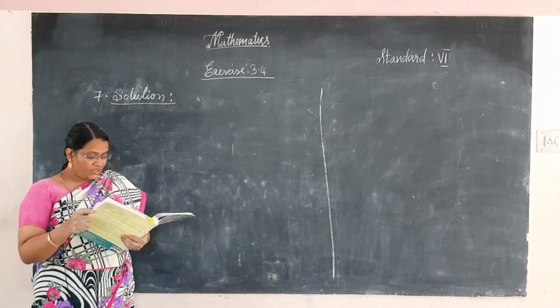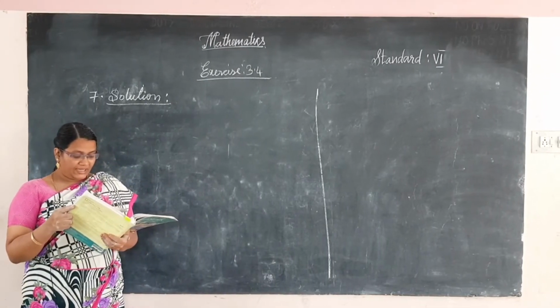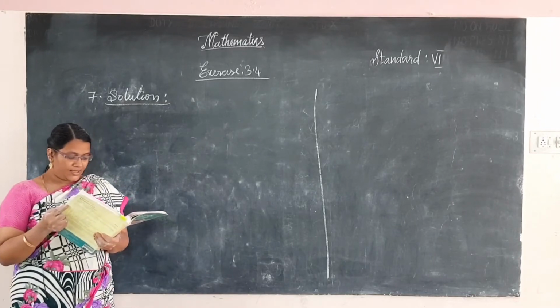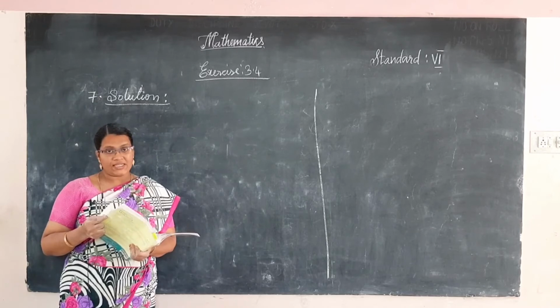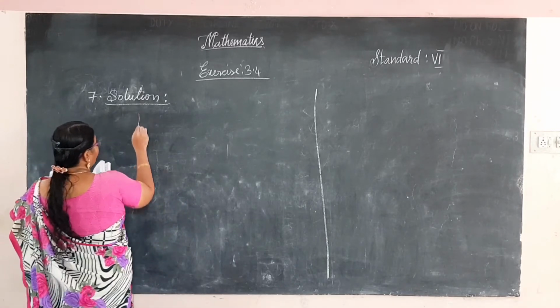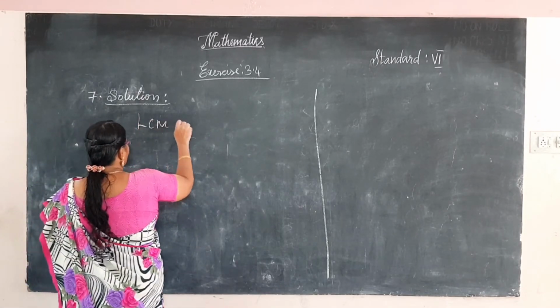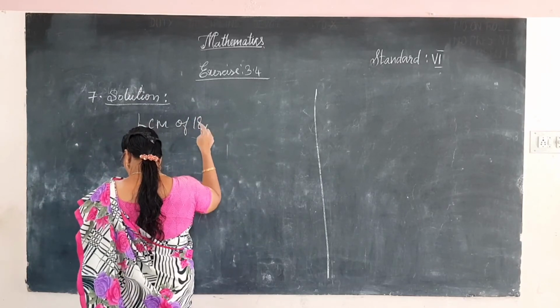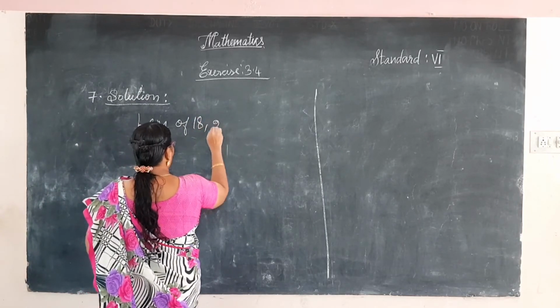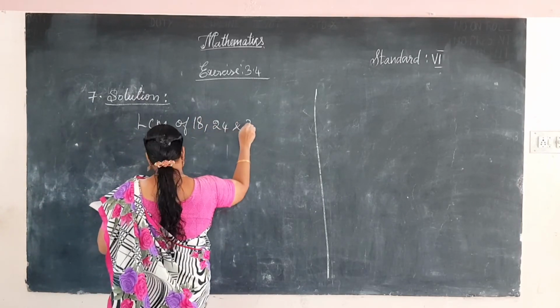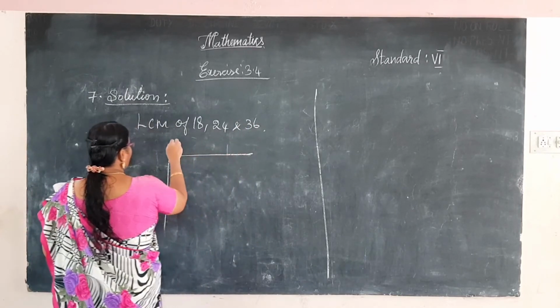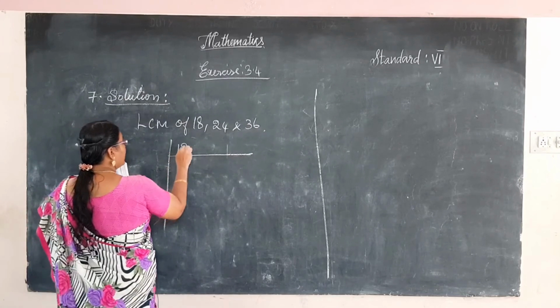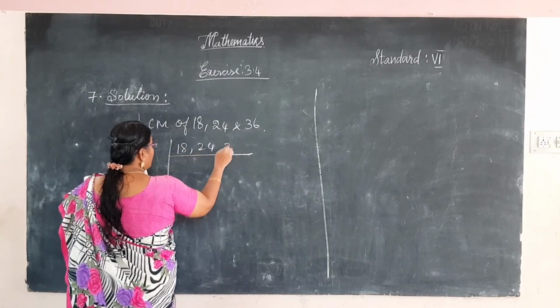Find the least number which is exactly divisible by 18, 24 and 36. Okay. So least number means we have to find out the LCM. So LCM of which numbers? 18, 24 and 36. Okay. So I will try using the common division method. 18, 24, 36.